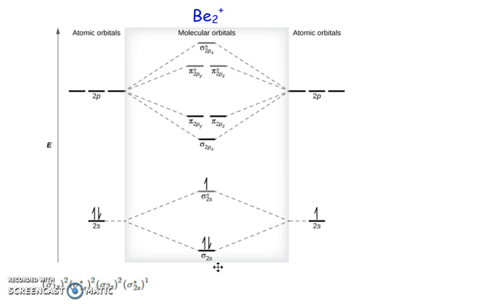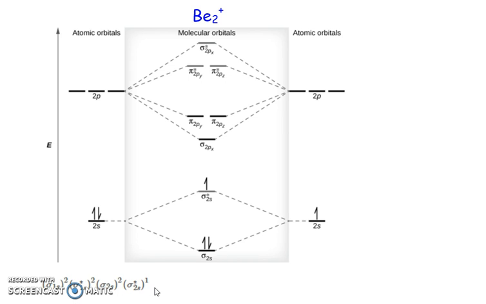Start with the lowest energy first, 1 in each degenerate orbital before doubling up, maximum of 2, if there are 2, 1 up and 1 down. So we can put 1 up and 1 down in the sigma 2s, and we're left with 1 in the sigma star 2s. So this is the molecular orbital diagram for Be2+.